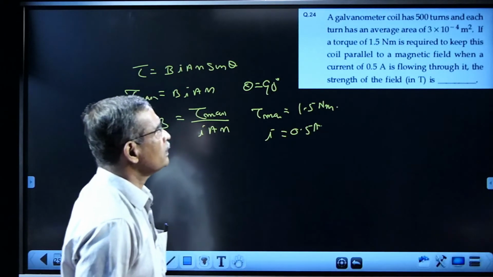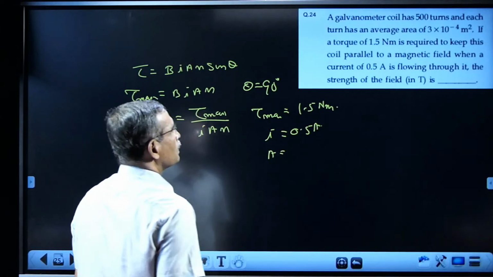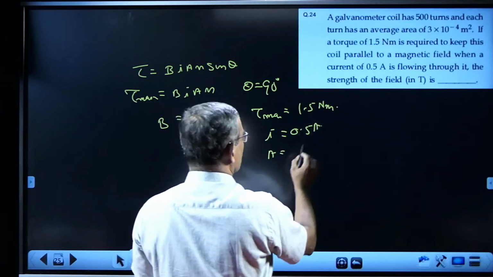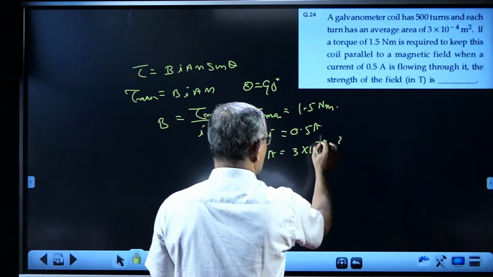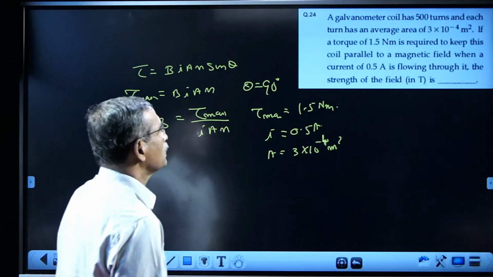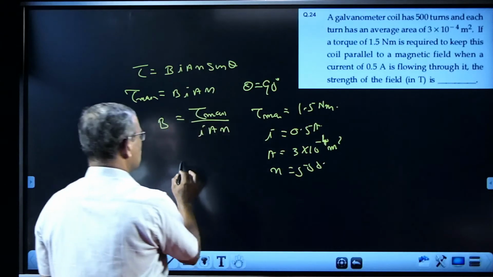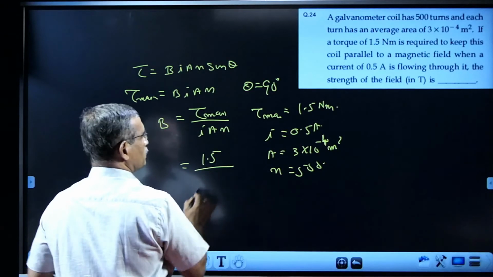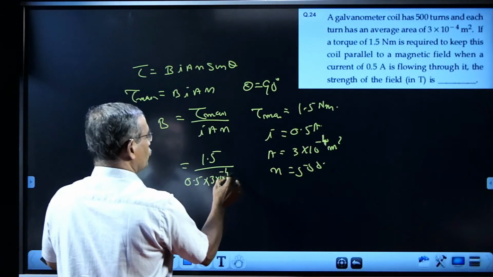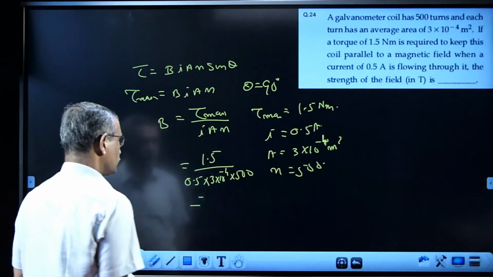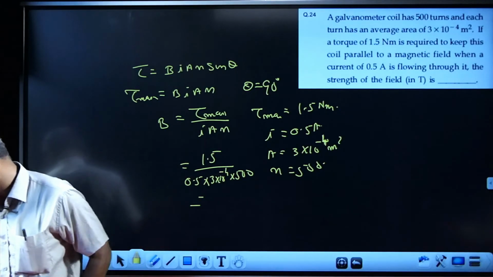The area of the coil is 3 into 10 raised to minus 4 meter square. The number of turns, N, is 500. So B is equal to 1.5 by 0.5 into 3 into 10 raised to minus 4 into 500. Now solve and get the answer. On calculation, the value is found to be 20.